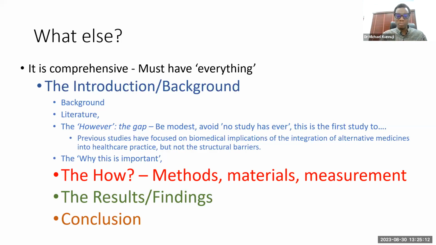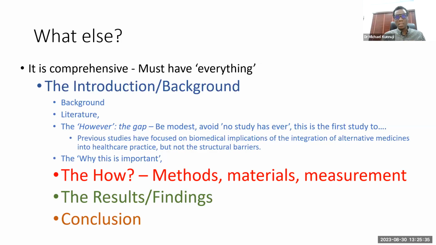So you should be modest. One example here is just to say previous studies have focused on biomedical implications of so, but not the structural barriers which maybe your own study intends to address. Your abstract should also speak to the how.